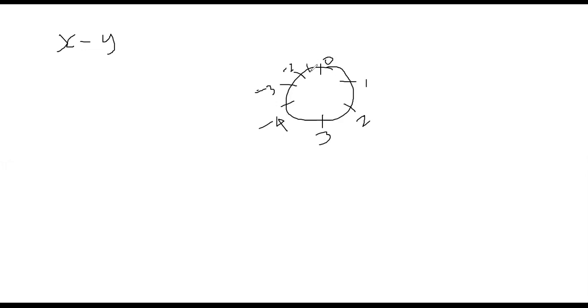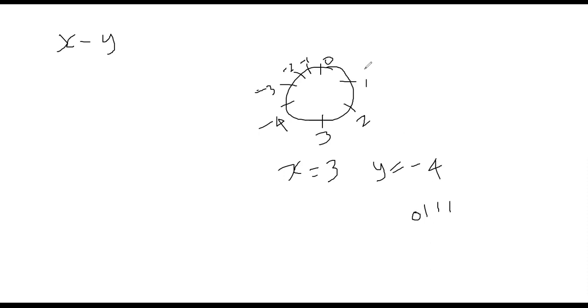So let's take an example, x to be 3, and y to be, say, -4. So what is x minus y? X minus y in regular arithmetic is 7. But if you remember, 7 is 4 plus 2 plus 1. So it is basically 1, 1, 1.